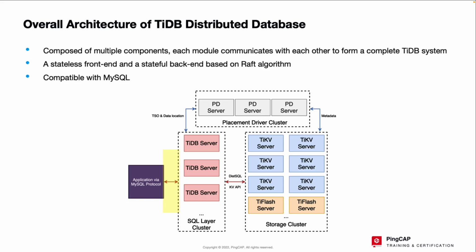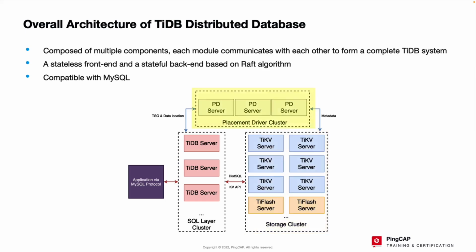Thus, client connections can be evenly distributed across multiple TiDB server instances without explicit efforts in your application. The TiDB servers do not actually store the table data. They only parse SQL statements and forward the data request to the storage layer, which is the TiKV Cluster.